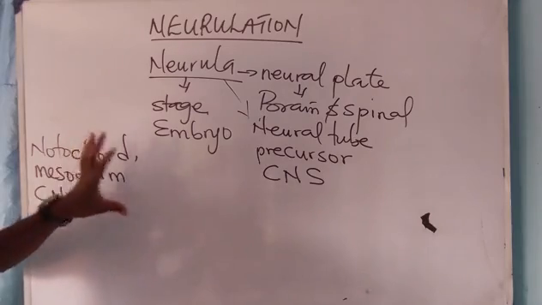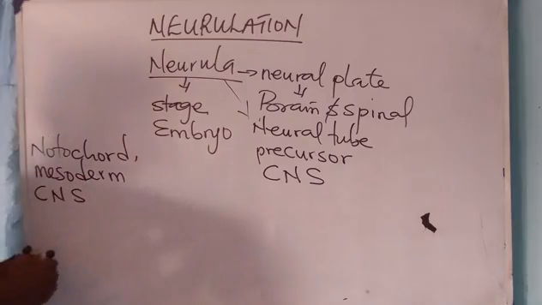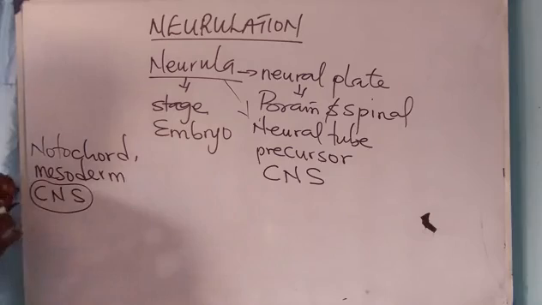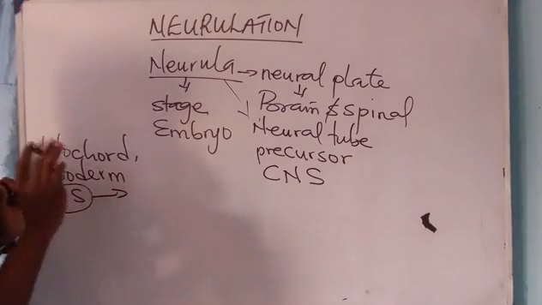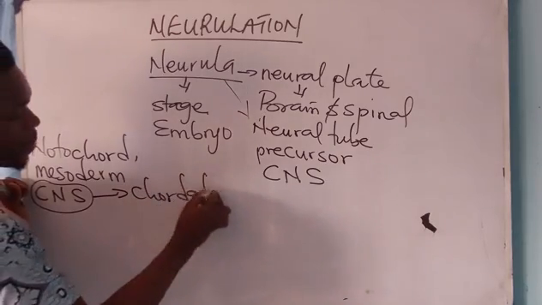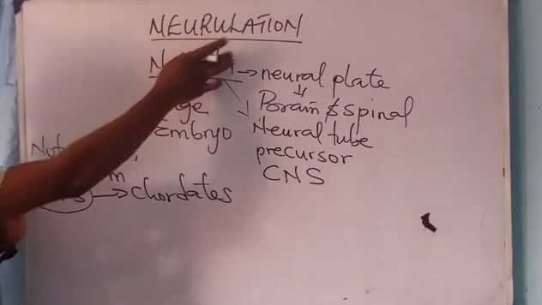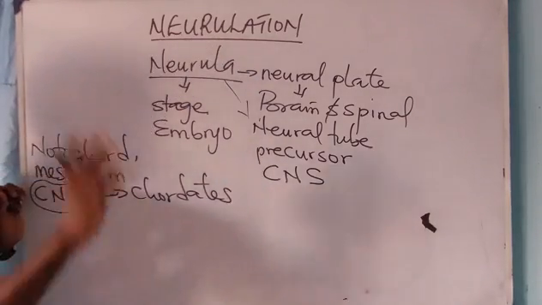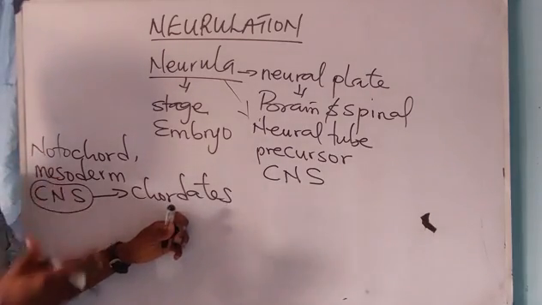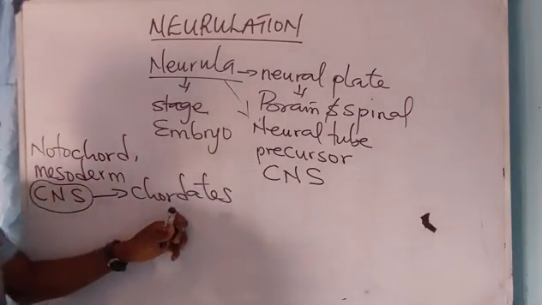Now, of these three entities, the formation of the central nervous system during neurulation is much the same in all chordates, lower chordates or higher chordates, whichever chordate. It follows the same process.